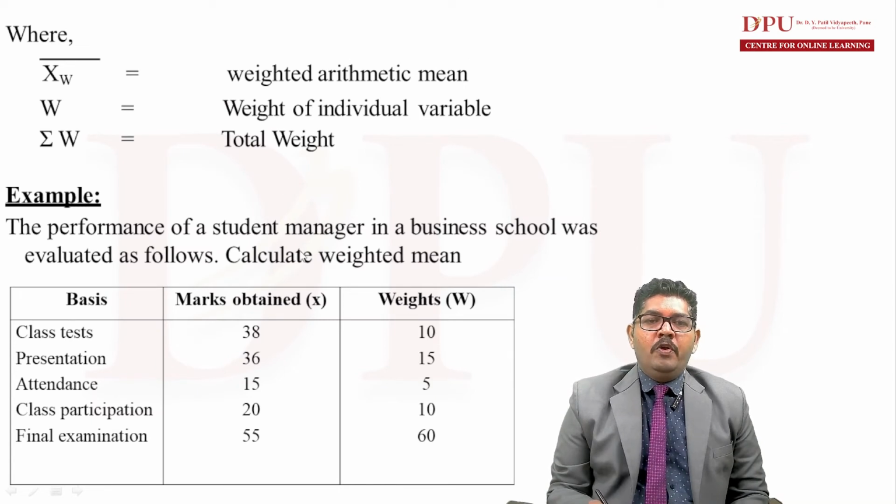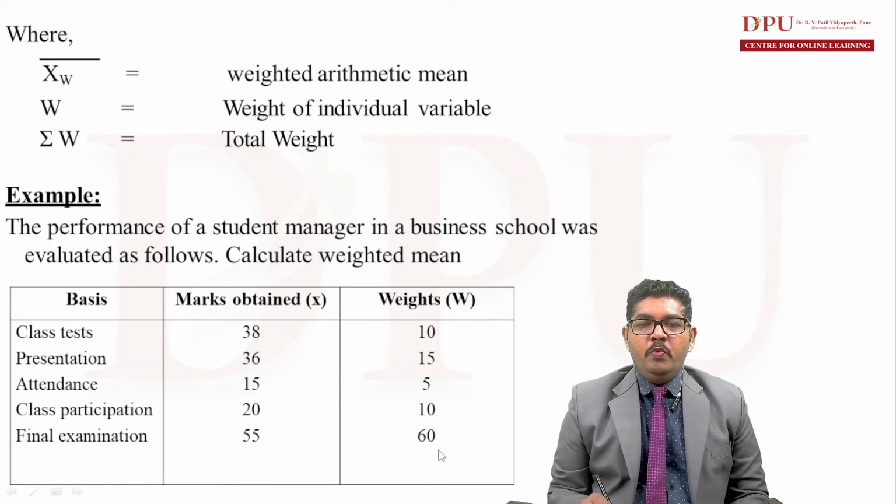So we have a formula, and we have an example here. Marks obtained are given here: 38, 36, 15, 20 and 55 on different parameters. In class test, marks obtained are 38, in presentation 36, in attendance 15, in class participation 20, and in the final examination 55. But the examiner considers that the final examination should be given more weightage, more importance, and that's why out of 100: 60 plus 10 is 70, 70 plus 20 is 90, plus 10 is 100.